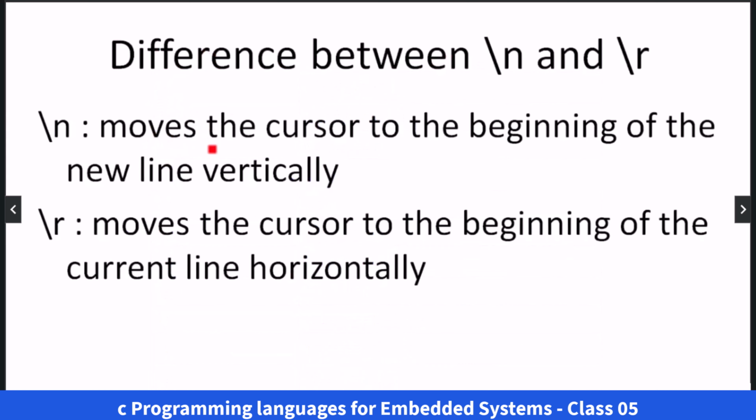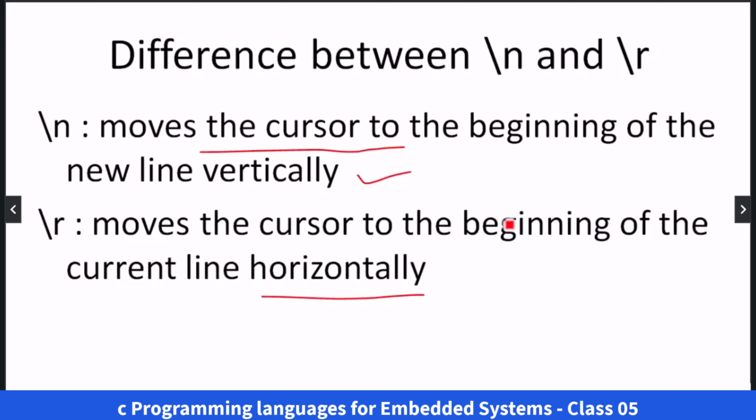Now let's understand the difference between \n and \r. Remember that \n moves the cursor to the beginning of the new line vertically, but \r moves the cursor to the beginning of the current line horizontally.